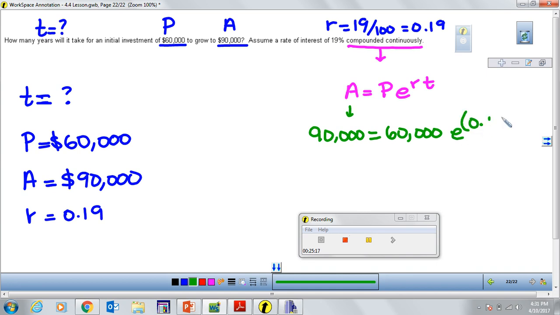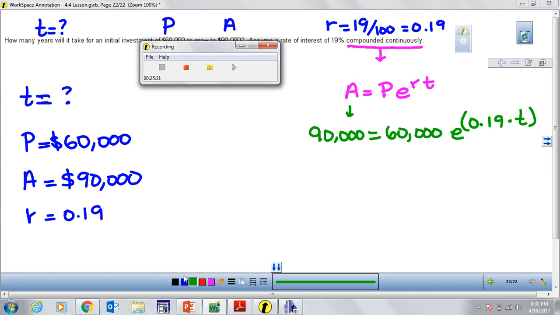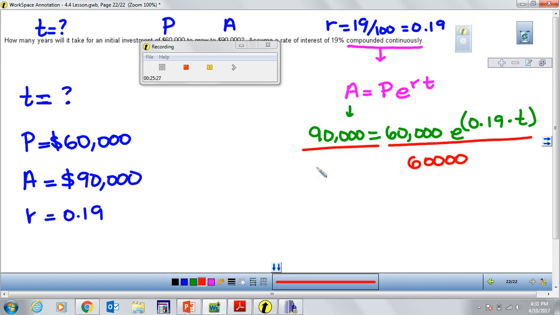E raised to the 0.19 times the time. So first, let's divide by 60,000. We're trying to solve for the time that's on the exponent. So here, what can we do? Let's do what I told you on the previous problem. Cancel these 4 zeros with these 4 zeros.